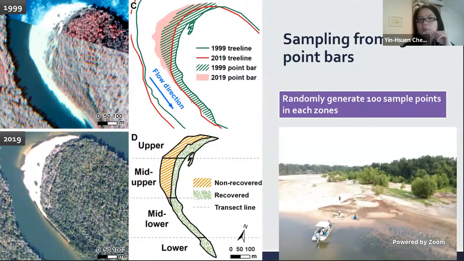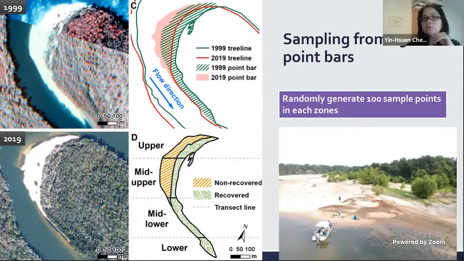The reason we picked 1999 is because that is the aerial photo we can find closest to the end of the dredging. So we say the 1999 photo is quite close to before recovery, and 2019 is two decades after recovery.